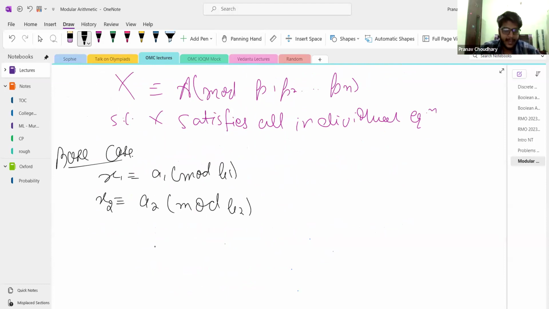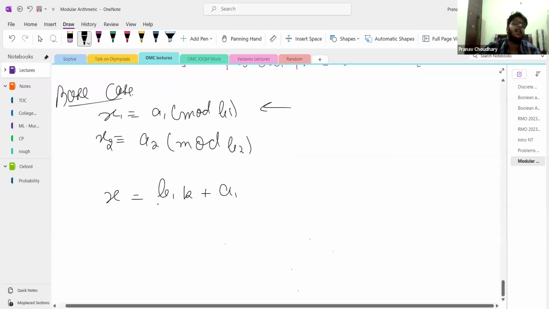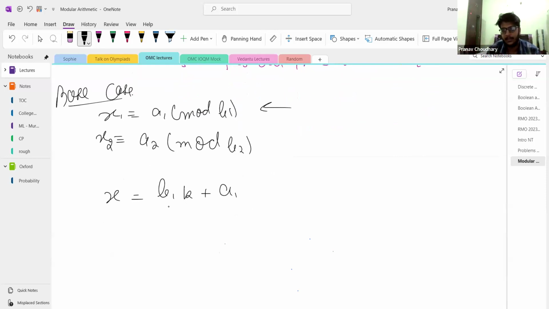If x satisfies this equation, how does x look like? x would be of the form b1 times k plus a1, because it will leave remainder a1 when you divide by b1. Sort of obvious, I guess.